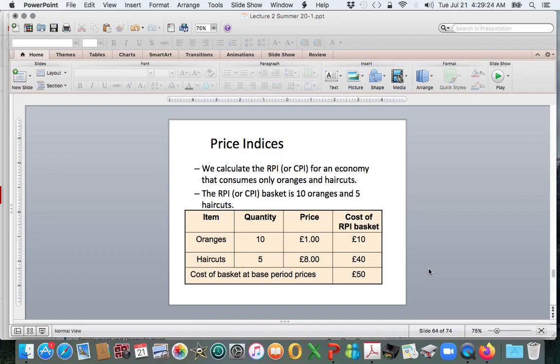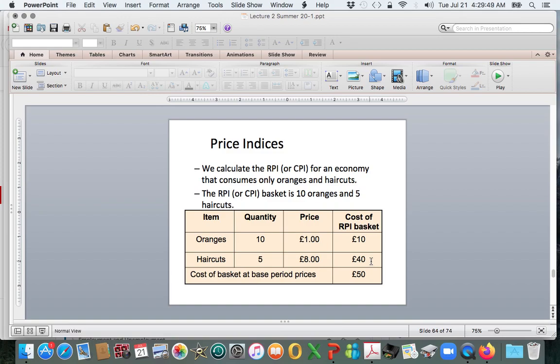So assume that this is an economy where the consumption is limited to just oranges and haircuts, and we have quantity and price and the cost of the RPI basket. Bear with me to understand why we are looking at the cost of a basket. In your basket, you can put whatever goods you wish, just like when you go grocery shopping.